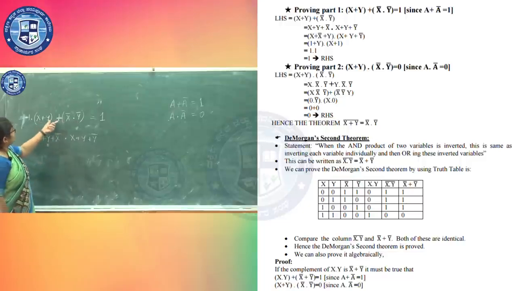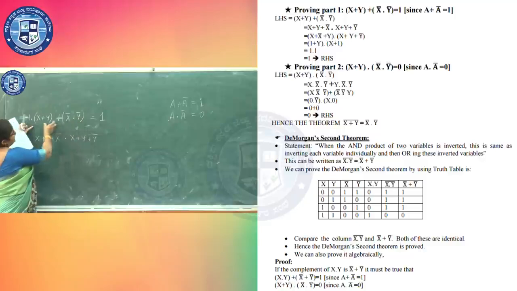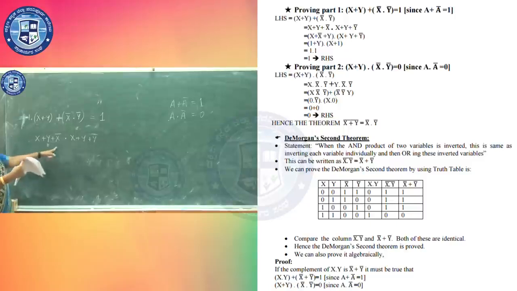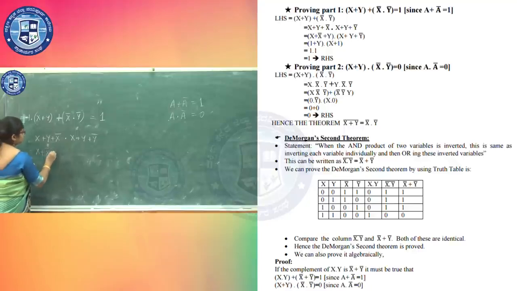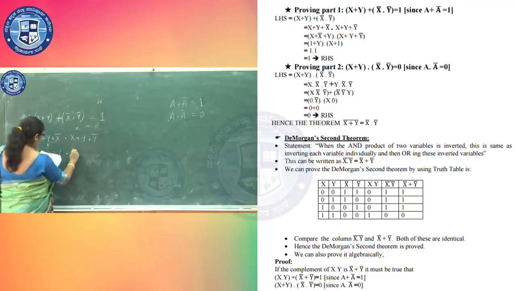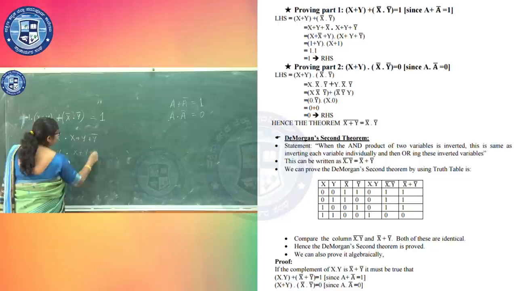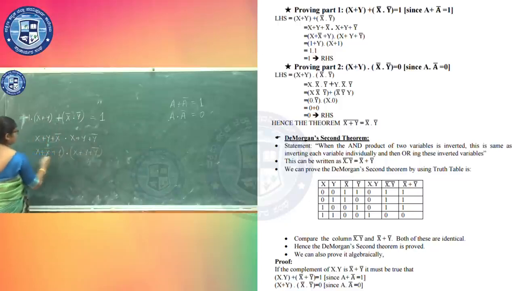This part is added to this one with the plus, because we cannot simply multiply like that. There are some mathematical rules to be followed for multiplying also. X plus y will be added with this also, and x plus y has been added with y plus y dash also. So what happens next here? X plus x dash plus y and x plus y plus y dash.